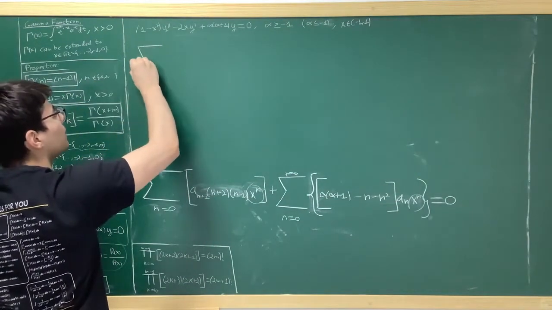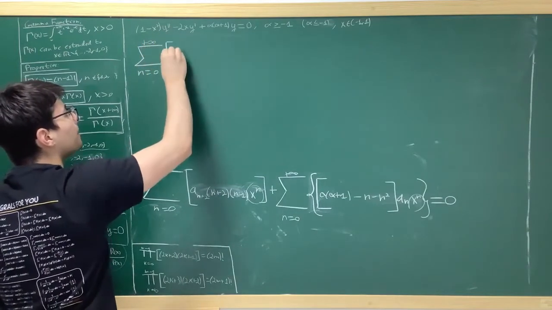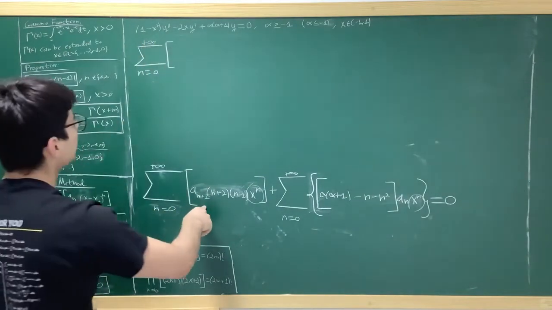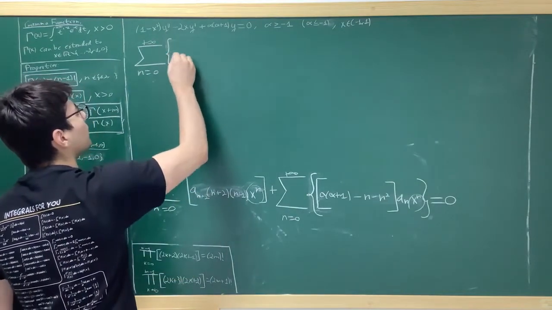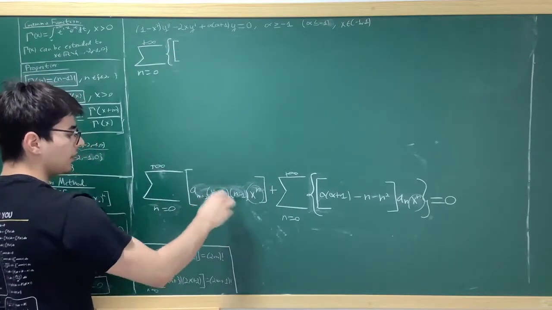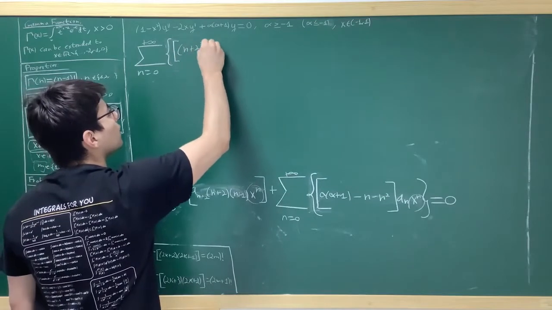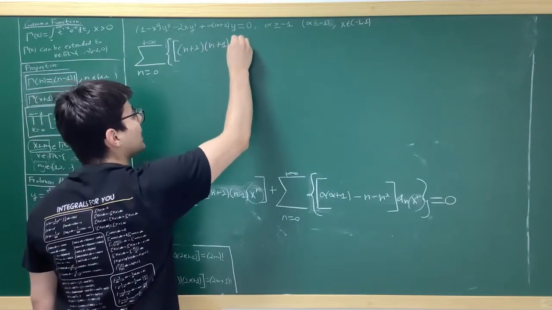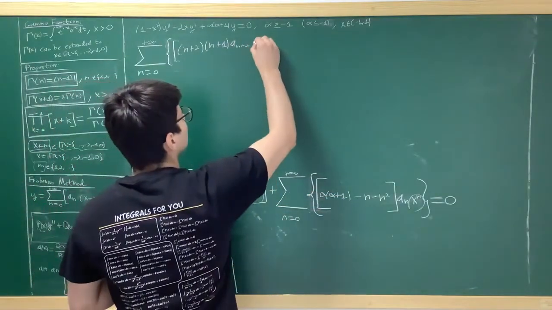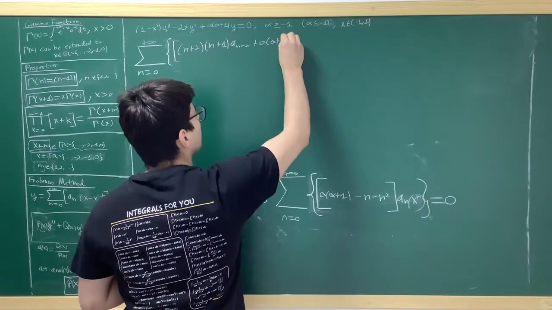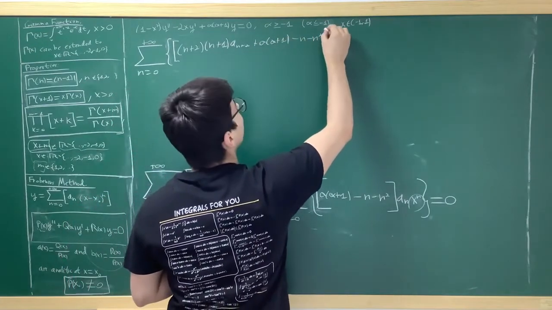The sum going from n equals 0 to positive infinity is just, let me make the big brackets again, this term, n plus 2, n plus 1, a n plus 2, plus all of this, plus alpha plus 1, minus n squared.